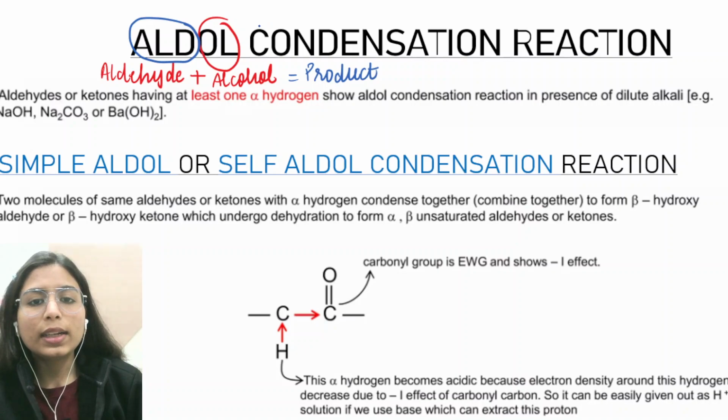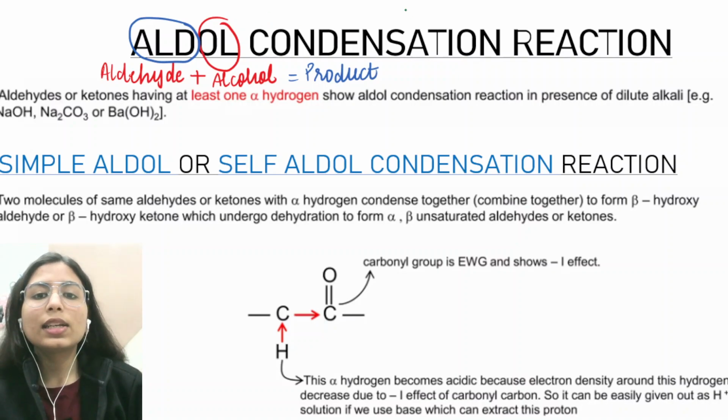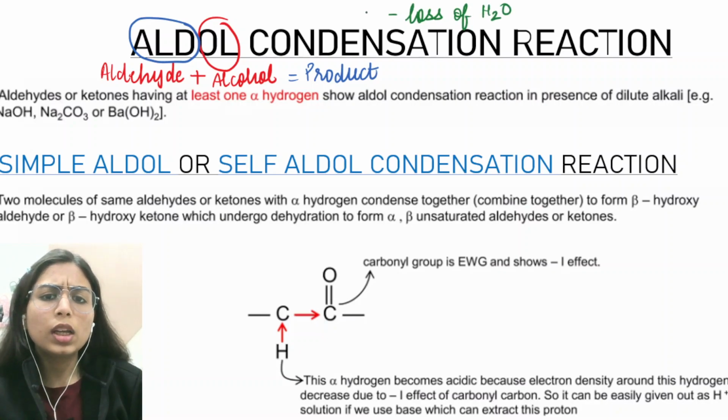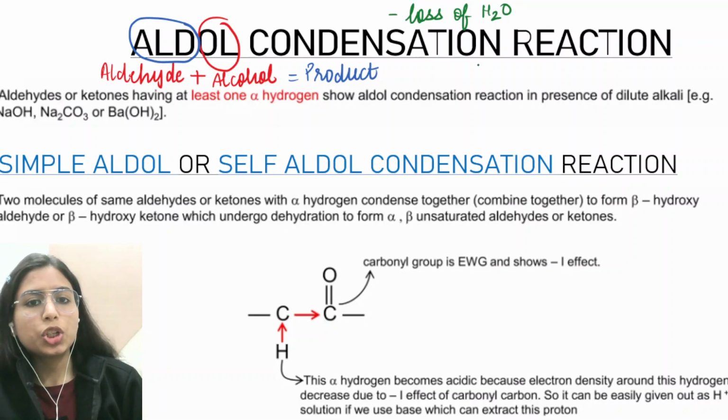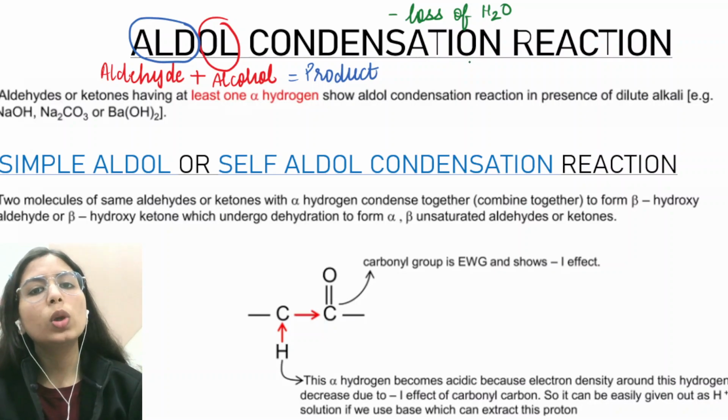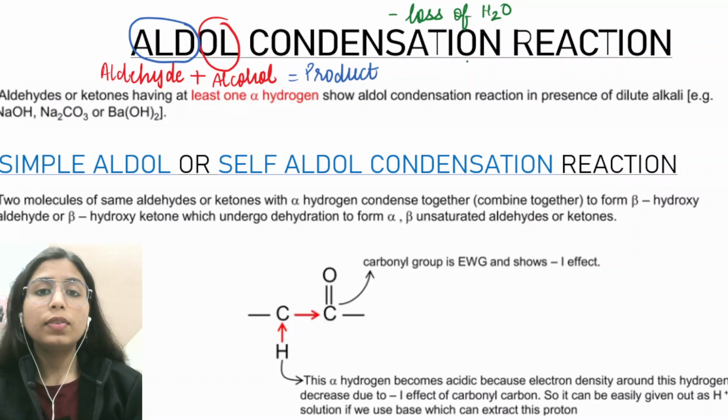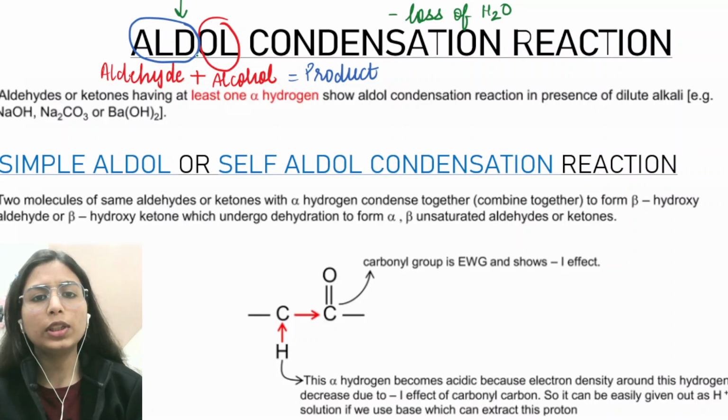So what is a condensation reaction in general? Condensation means loss of water. So if you are giving the conditions for condensation, then it will be called the aldol condensation reaction. Otherwise you will call it only the aldol reaction when you stop at your aldol product.